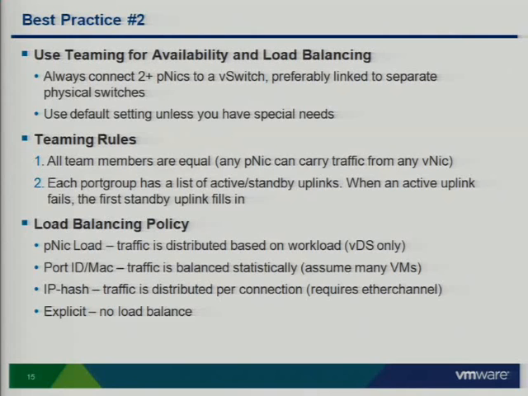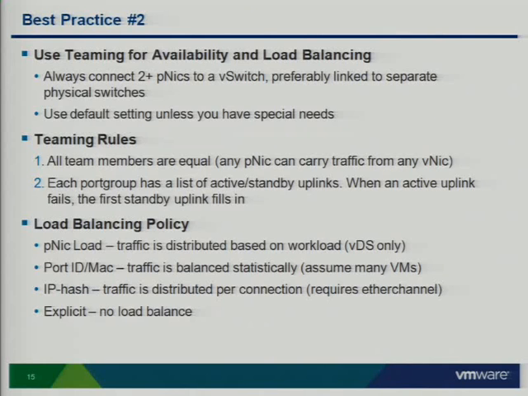So all the members have to be equal. They have to have the same set of VLANs trunked through both, and they have to be connected to the same physical network, so that if you send a broadcast packet out, all the pNics should be able to receive the same broadcast traffic.